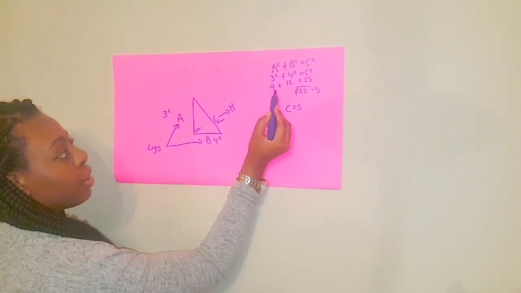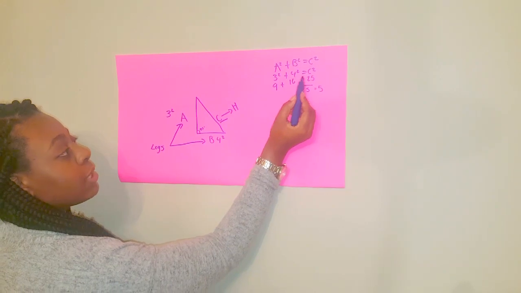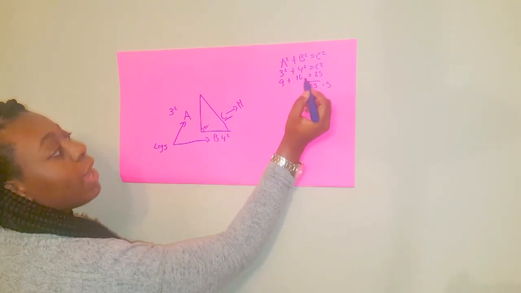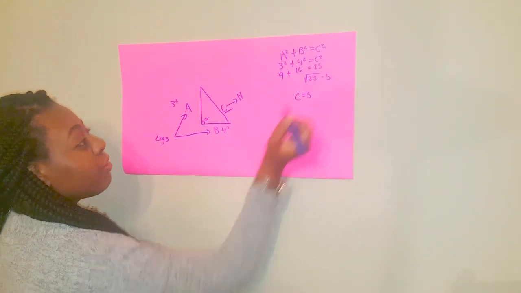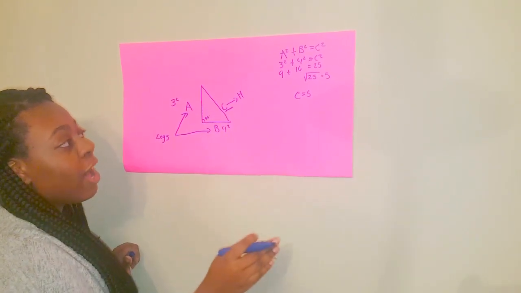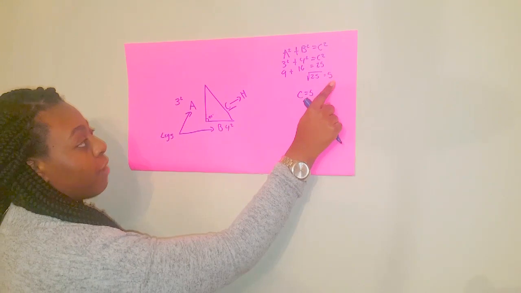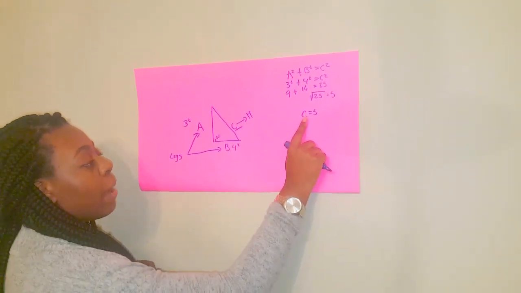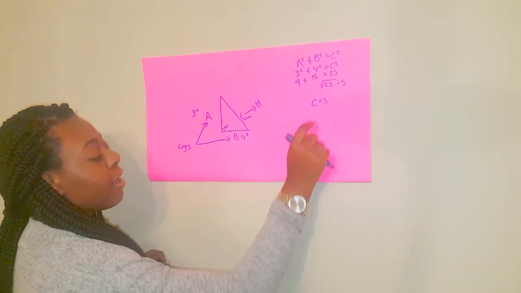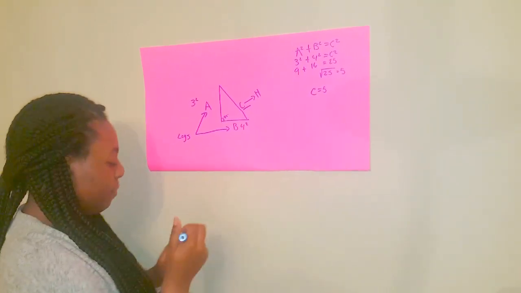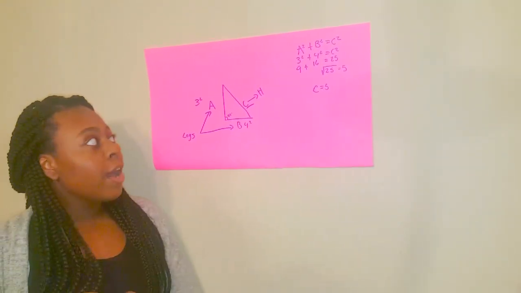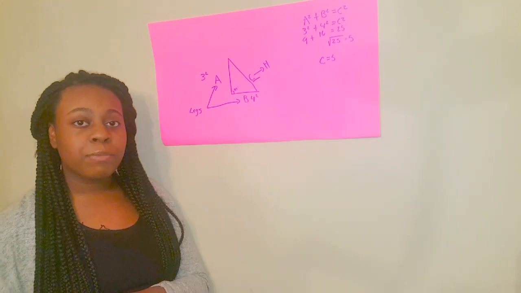So 3 times 3 equals 9, 4 times 4 equals 16. We added that together and we got 25. And now after we get 25, we do the square root. So square root of 25 is equal to 5. So that is our hypotenuse. Our hypotenuse is 5. So C equals 5. And that is how you find the hypotenuse of Pythagorean theorem.